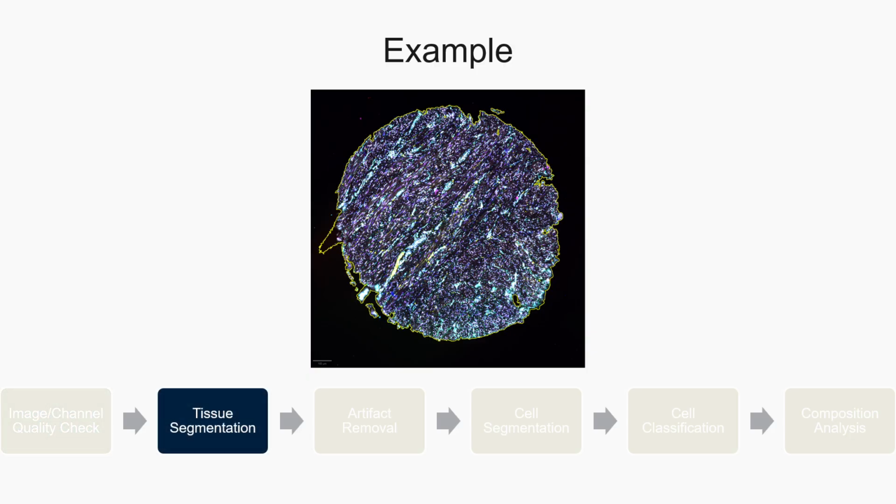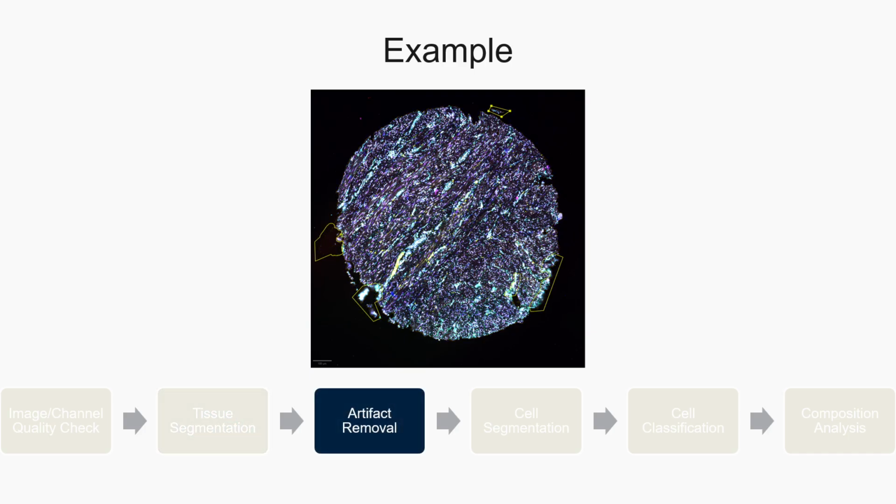Then, performing tissue segmentation, we identify the areas that we would like to analyze and maybe identify other compartments of the tissue. While that step can be automated, following that we can perform artifact removal, usually a manual process with maybe some help with automation.